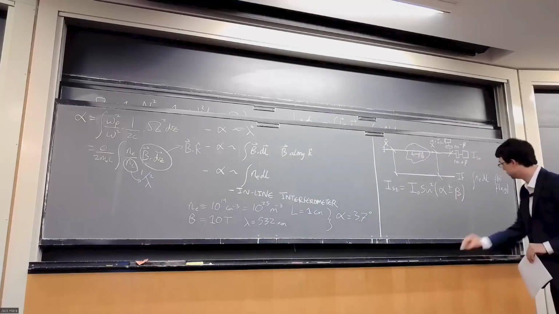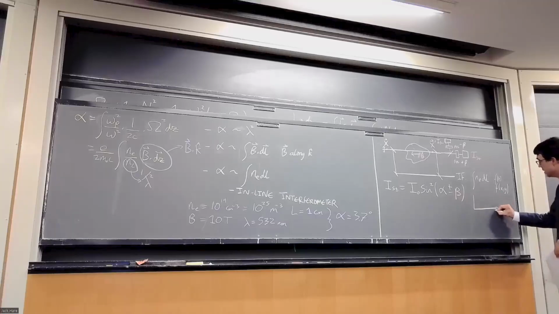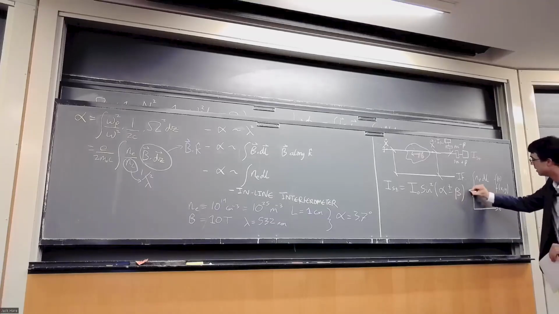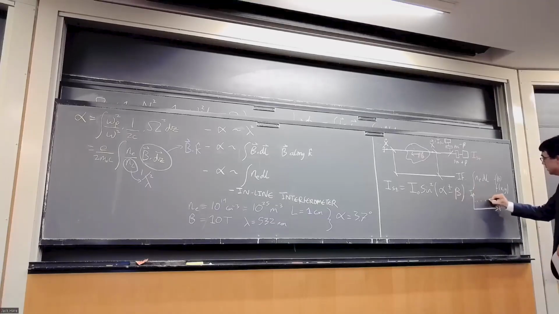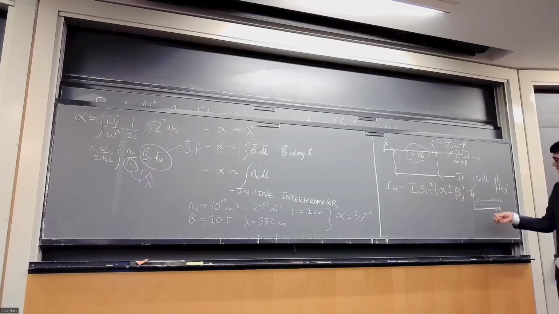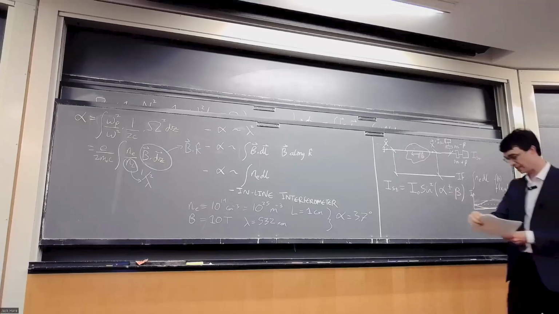So you should see, for example, if this is a function of time, when we have the magnetic field going up, one of these detectors is going to measure a signal that looks like this, and the other one is going to measure a signal that looks like that. So you get brightening and darkening differently on the two detectors.